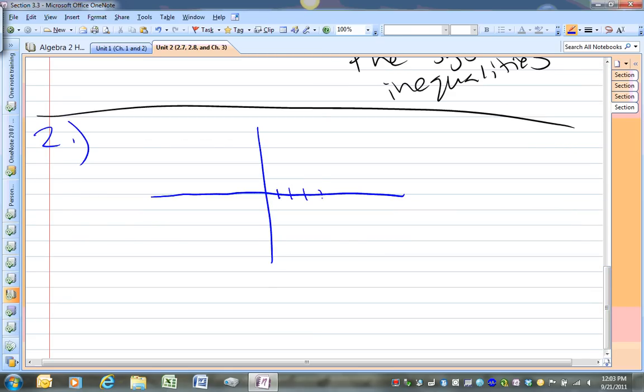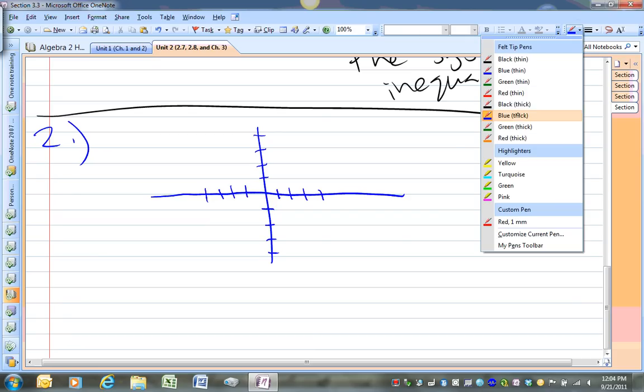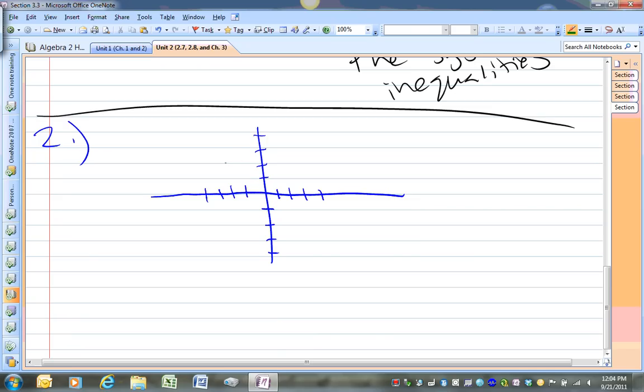Just being kind of hypothetical, say we had a region that looked just like this.